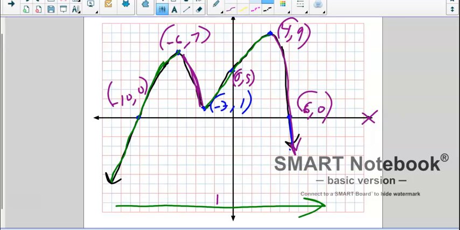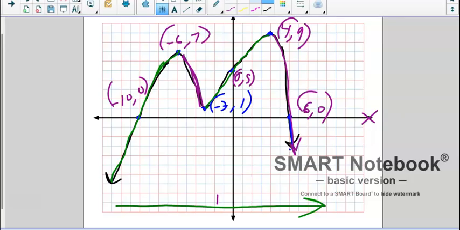Or we could say from -infinity up to -6, 7. And then from -3, 1 to 4, 9, it is increasing. And then the purple is where it's decreasing between -6, 7 and -3, 1, and between 4, 9 and 6, 0.